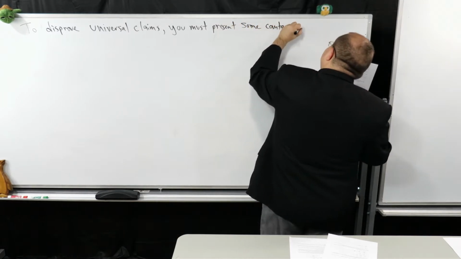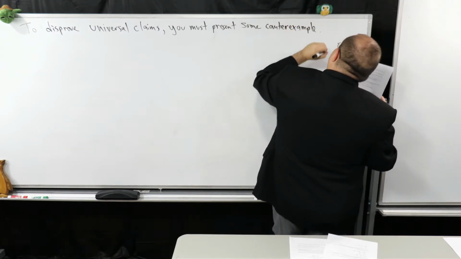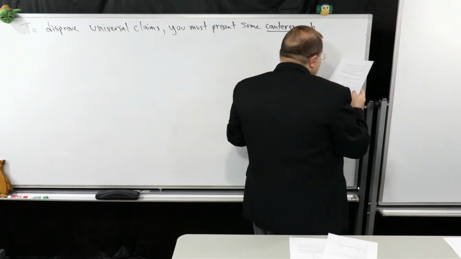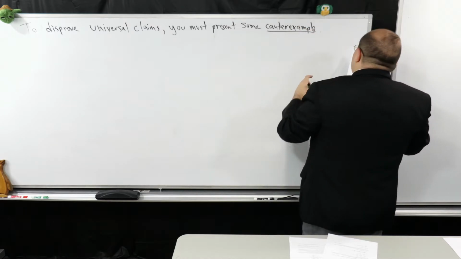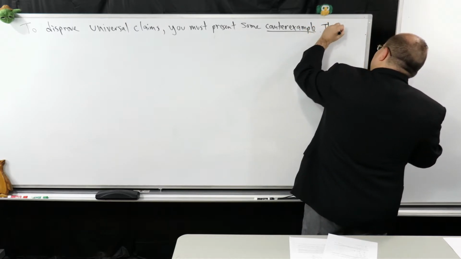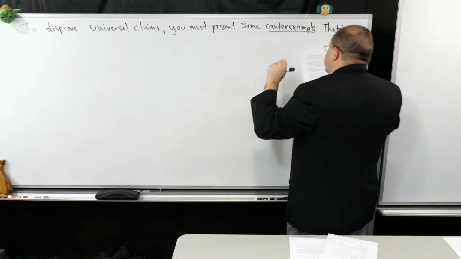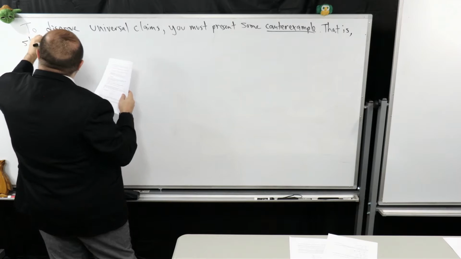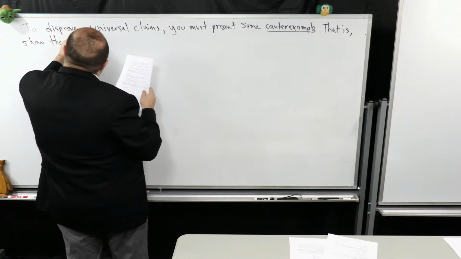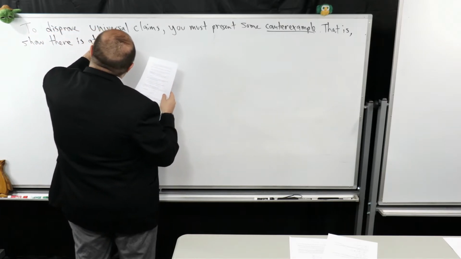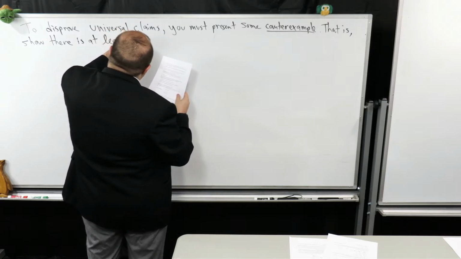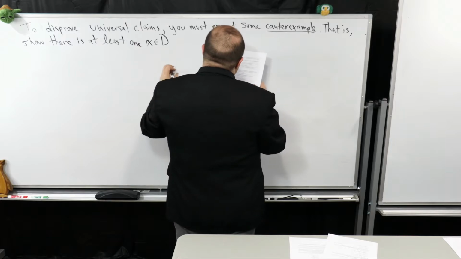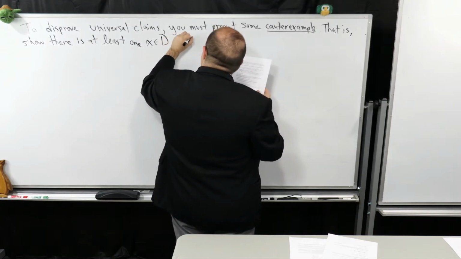So you have to present at least one counterexample. That is, show there is at least one x in my domain that does not have the property.